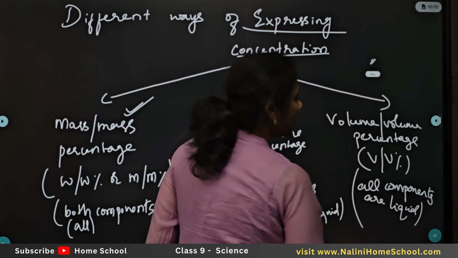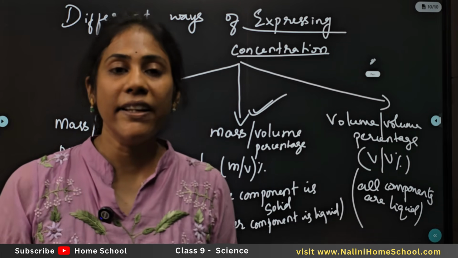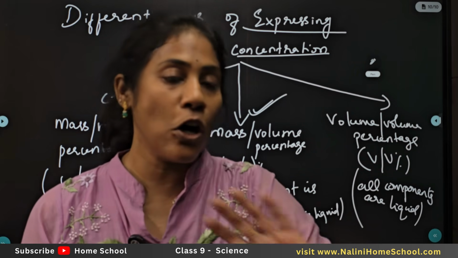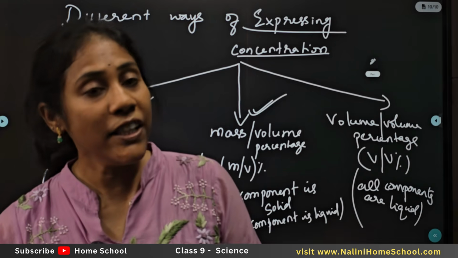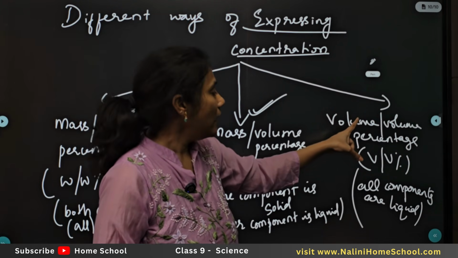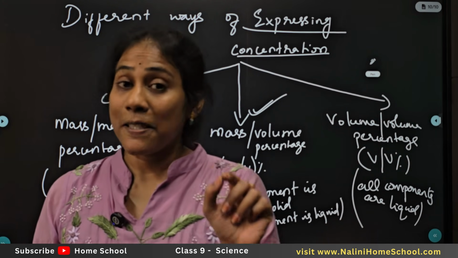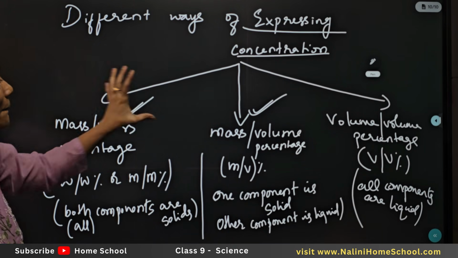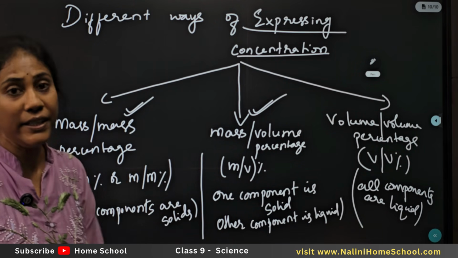Solute is liquid, solvent is also liquid. You can have 2 components, 3 components or 4 components, but all are liquids. Then we use this particular concentration term to express the concentration. Hope you understood the 3 methods of concentration terms.